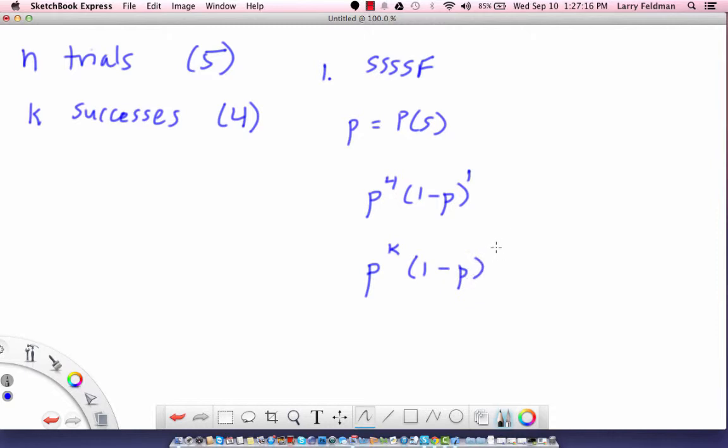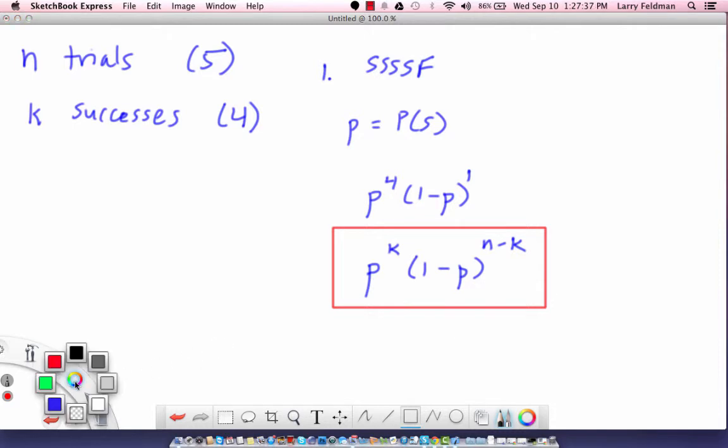And what goes up here? Well, if there were n free throws and k successes, there must be n minus k failures. Okay, this is huge, right here. This is for any one case, okay?